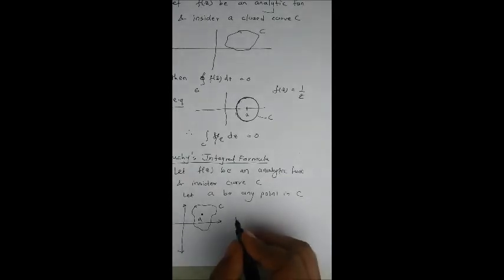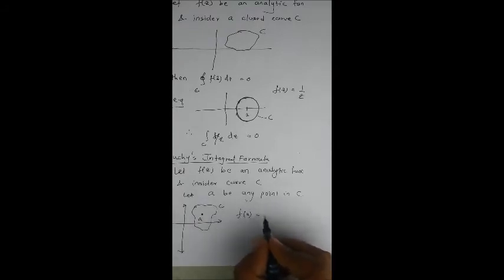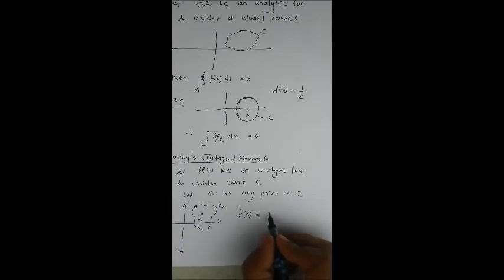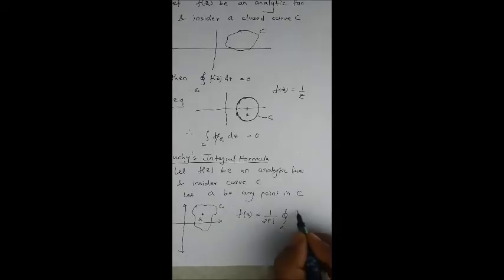Fine. Then Cauchy's integral formula gives us that the function's value at a can be calculated as 1 upon 2 pi i, closed integral over C of f of z by z minus a dz.